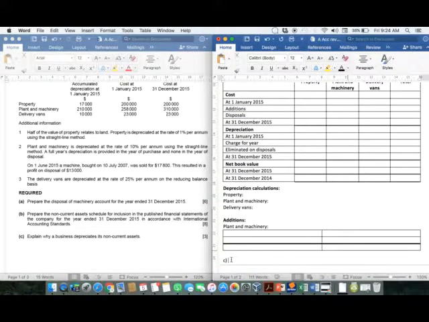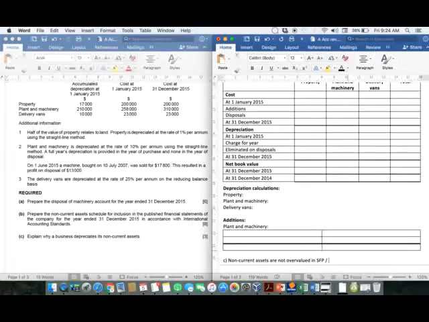The first is the fact that you realize your non-current assets aren't going to retain their value forever. They are going to lose value over time. And so you don't want your non-current assets to be valued at the incorrect value on your financial statements. So we want to make sure that our non-current assets are not overvalued in the statement of financial position.